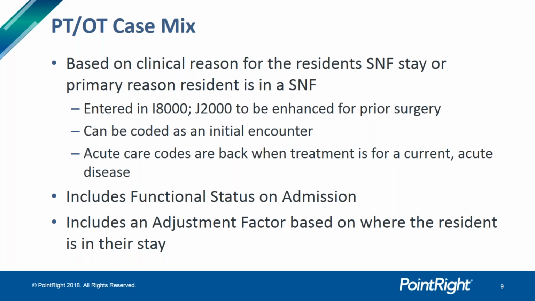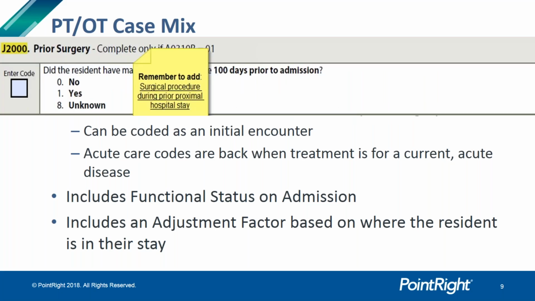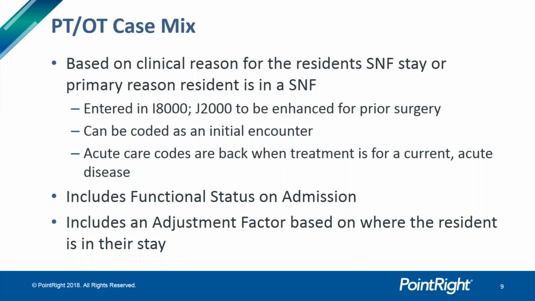And what they're going to do is enhance that in order to add whether or not there's been a surgical procedure during the prior proximal hospital stay. It probably won't have those words exactly, but the concept is to really understand if in the prior hospital stay the resident had a surgical procedure, and then that will be captured on the MDS in order to be included in your OT and your PT case mix adjustments or components.